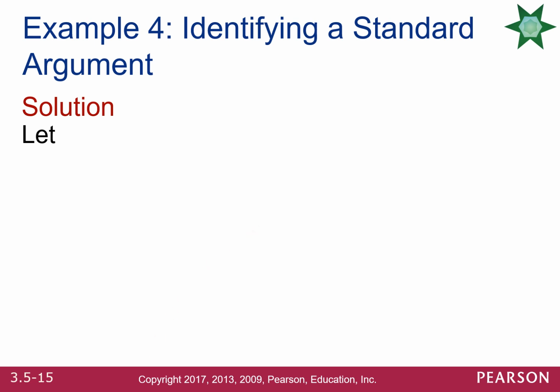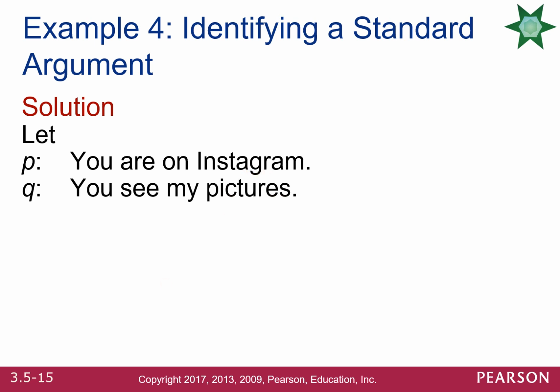All right, so let's pull up the results here. Over here it says P, the simple statement, would be you are on Instagram, which is just exactly what we said. Then Q is you see my pictures, and then R is you know I have a dog.